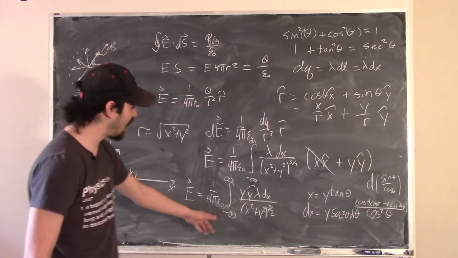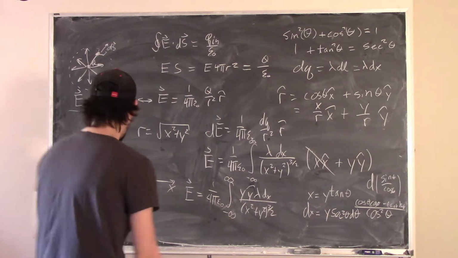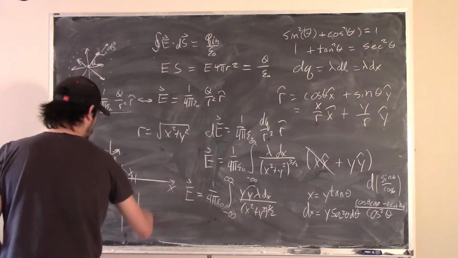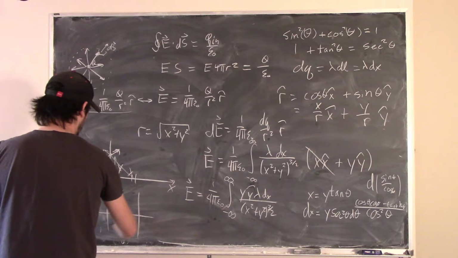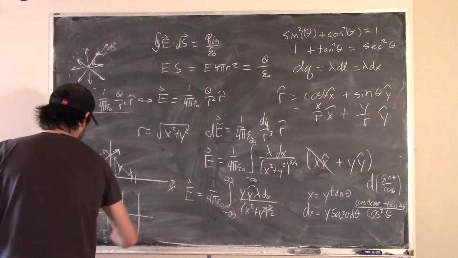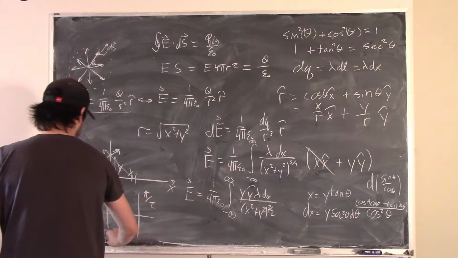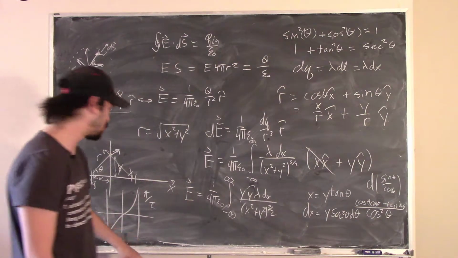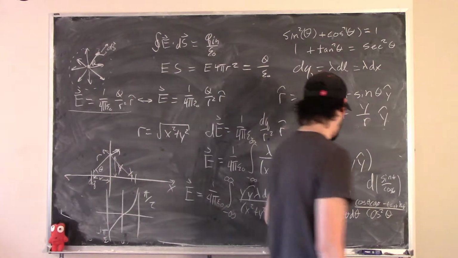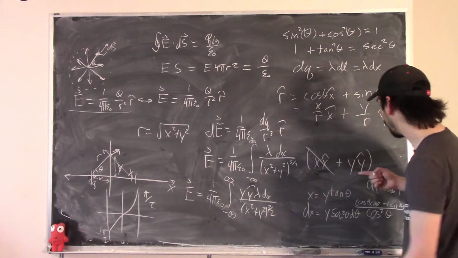So if x is minus infinity, what we can do is if we plot what tangent looks like, tangent from minus pi over 2 to pi over 2 looks like that, okay? And if you don't see that, that's okay. What you can do is consider the fact that tangent is sine over cosine.